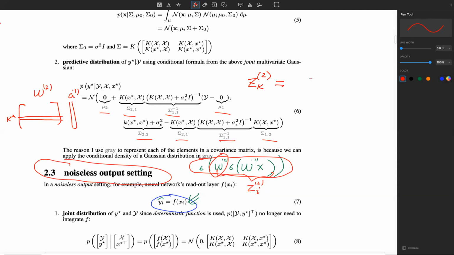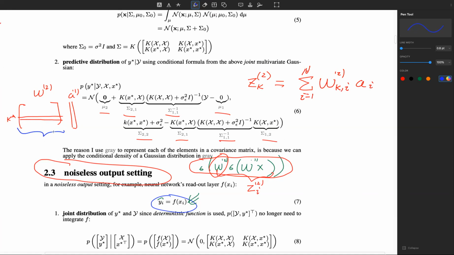So I'm writing it like this: summation of W2 with indices k, i, times A_i, with i equal to 1 to its width, right? To the width.